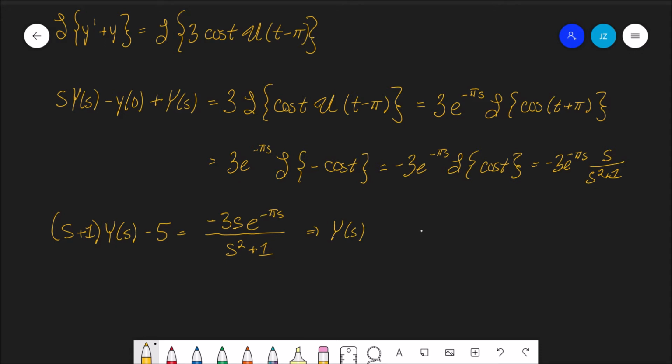Which means that Y of s is equal to 5 over s plus 1 minus 3s e to the minus pi s all over s plus 1 times s squared plus 1.